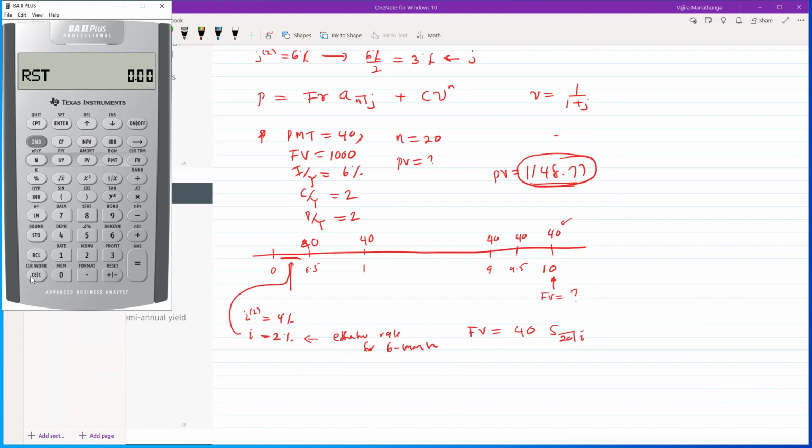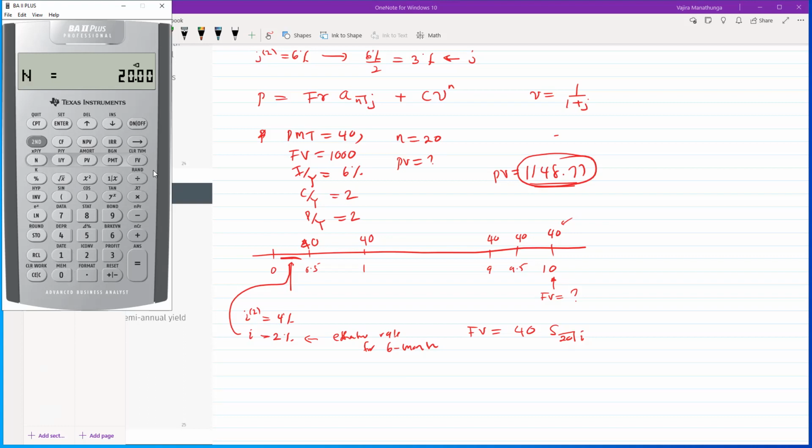This is an annuity immediate, so no need to change anything. So 40 for payment, 20 for n. I can enter 4% or 2%, depending on what you like. If you enter 4%, then you have to say compounding twice per year, payment twice per year. Okay, so I'm going to enter 2% for I/Y. 20 here.